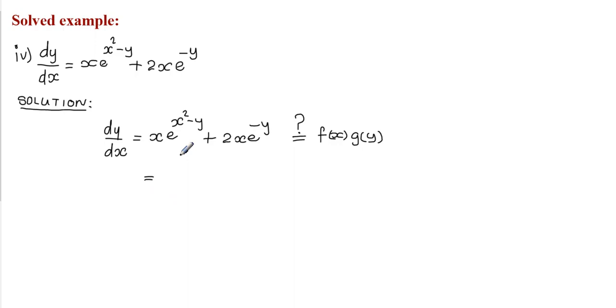I think you can see here that there's a common factor e to the power minus y, because this term here, e to the power x squared minus y, you can simply write as e to the power of x squared multiplied by e to the power minus y. For these kinds of problems, your algebra manipulation skills are going to be very, very important.